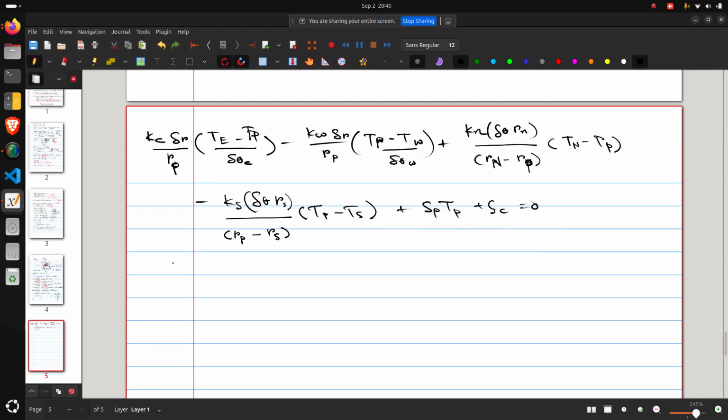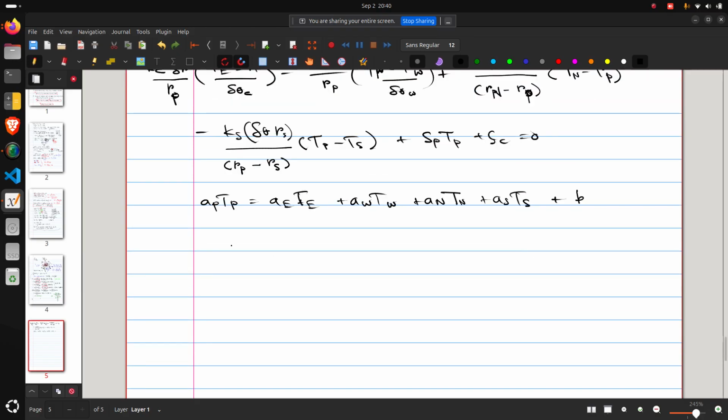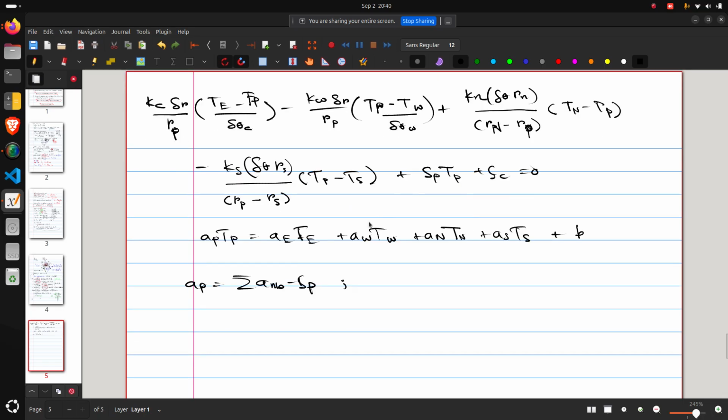Now again, if we just do the same thing, then APTP is equal to AE T capital E plus AW T capital W plus AN T capital N plus A South T capital South plus B, right? So what will be AP? AP will be nothing but the summation of all neighboring coefficients minus SP, right? And what will be A east?